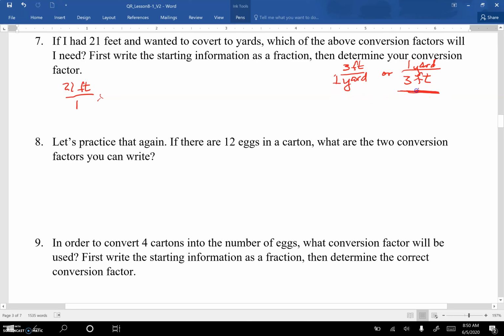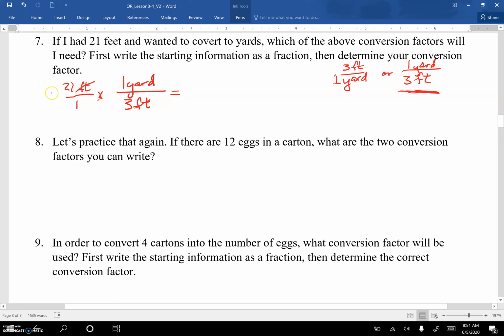So this is the one that has feet on the bottom. And so when I multiply this by 1 yard over 3 feet, now because we have a feet on top and a feet on bottom, then those will cancel out. And notice I want yards, and yards is the only thing I have left. So that's a pretty good indication that we're on the right track.